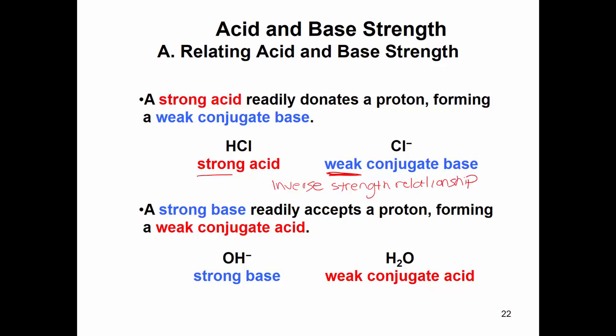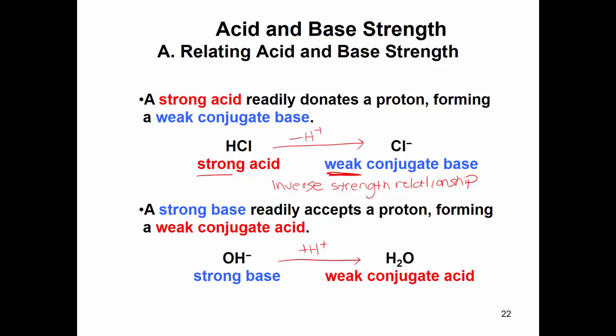Okay, if you have a strong base and you look at its conjugate acid, so it gains a proton, that's what bases do, acids lose. Then if you have a strong base, it's going to have a weak conjugate acid. Okay, and the reverse is true.